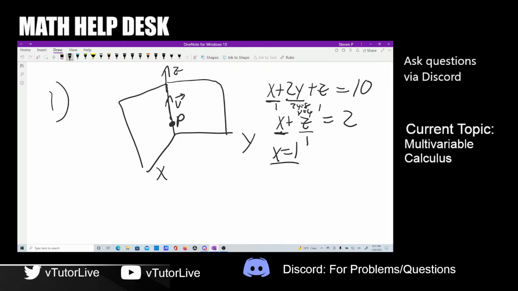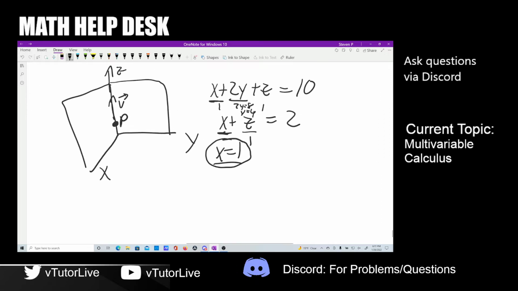And I think a lot of students might be a little bit uncomfortable with this idea of just starting off by choosing a value. But that concept really isn't that foreign, because I always like to make analogies to one-dimensional calculus, or just a two-dimensional graph.